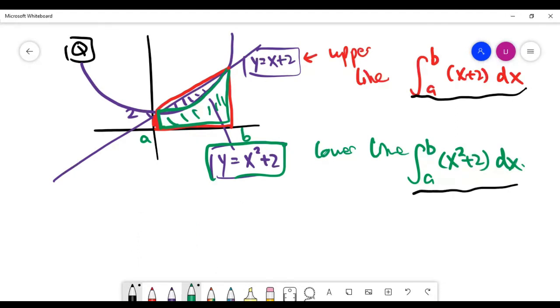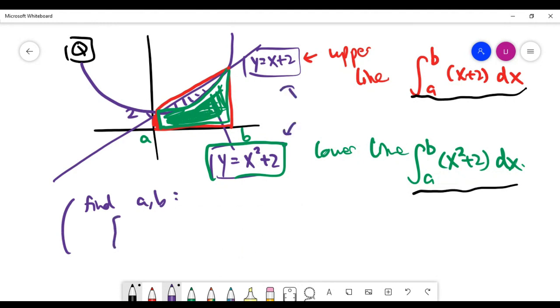If you look at the red part and subtract the green part out, it's going to be the area I want, right? Now the remaining fact is that you have to find A and B. Finding A and B is the same as solving for the intersections between the two curves.